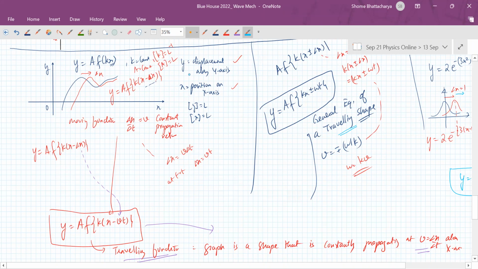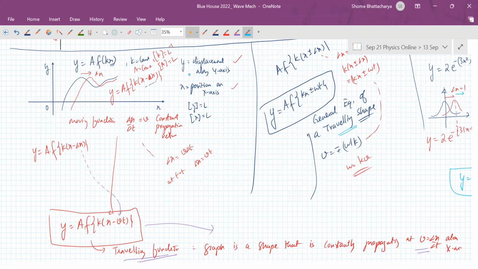So physically, if here y is the displacement of medium particles in the transverse direction, and the x-axis is basically the orientation of the string when all the particles are at the mean position, then this traveling shape represents what? It represents a traveling wave.